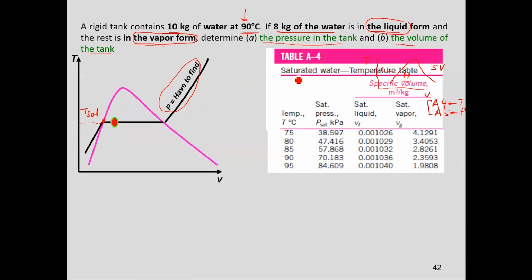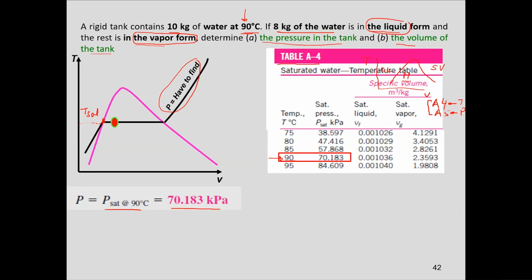So you will go to table A4 and highlight the temperature as 90, because you are referring to the saturation temperature where both your liquid and vapor coexist. For this temperature, 70.183 kilopascal would be your pressure. Clear enough? So P saturation at 90 degrees centigrade is your pressure in the tank.